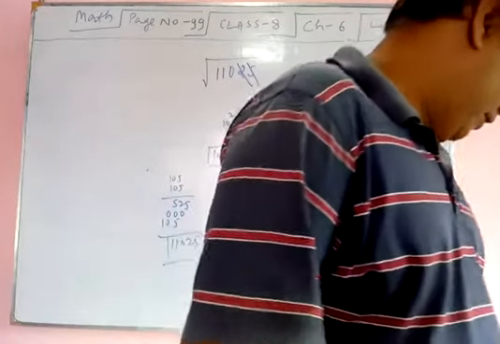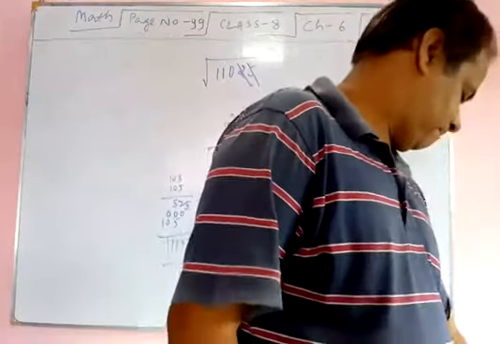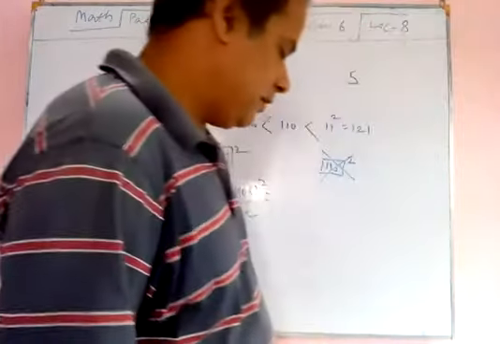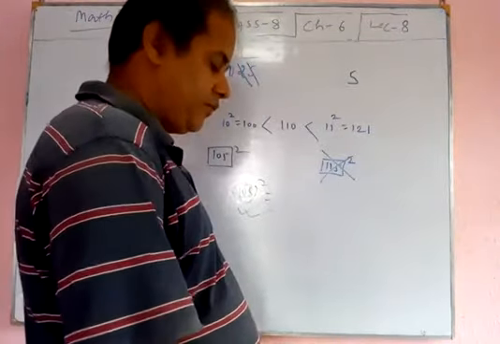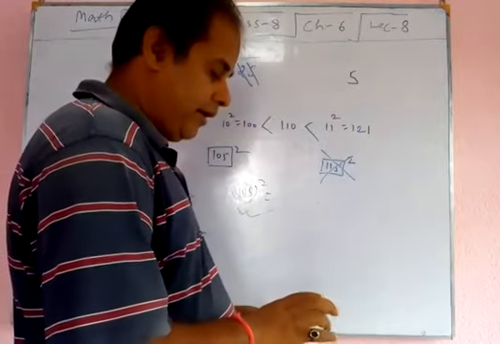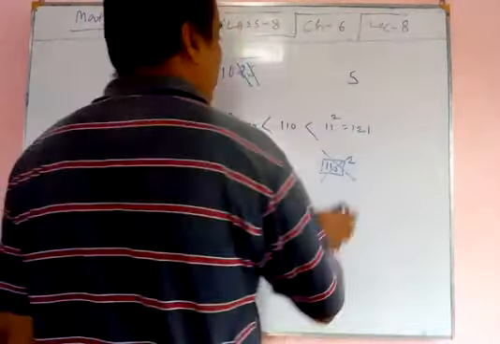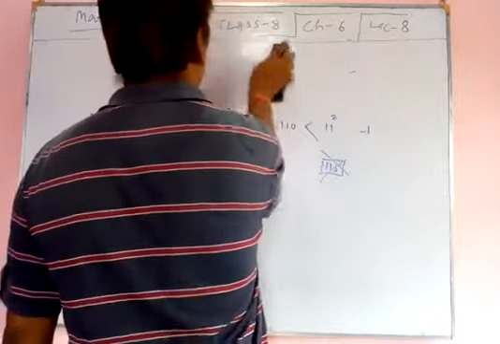Next is finding square roots of a number by the long division method.